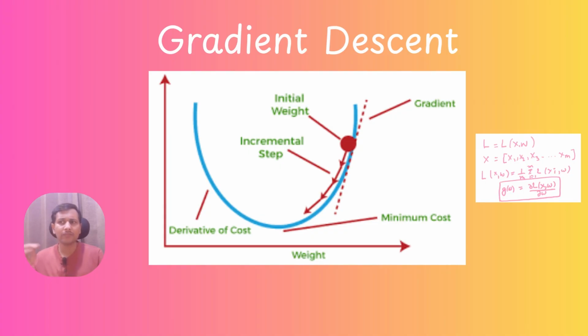We can take the gradient of the weight, which is delta L by delta W. Delta W can also be represented by delta theta, as done in most places. We can see there is a curve, and we calculate the gradient using delta L by delta W. There is a minimum of the cost function, and we optimize toward it to get the exact output we require from the neural network model.